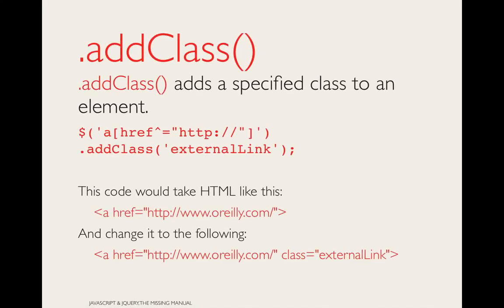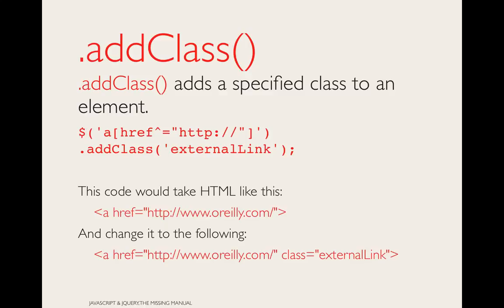If you want to add a class to a specified element, say for instance you want to add an external link class which has maybe a background image, you would do it this way. Every time jQuery finds an href attribute that starts with http://, it's going to add that class onto that element.